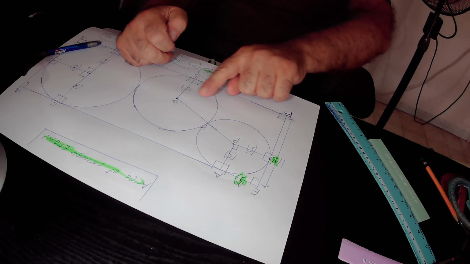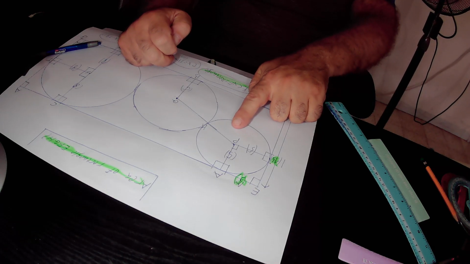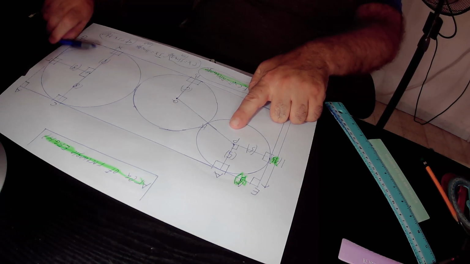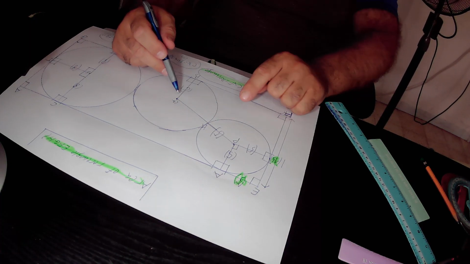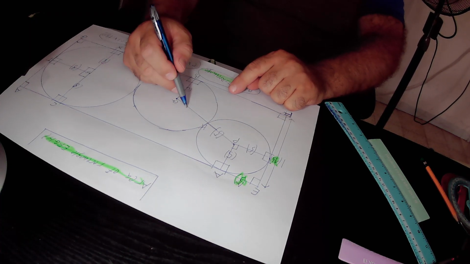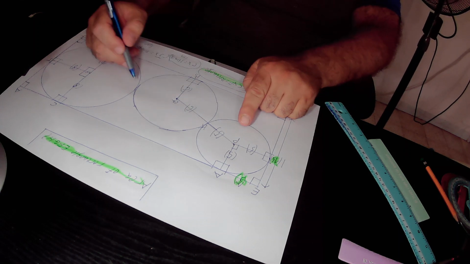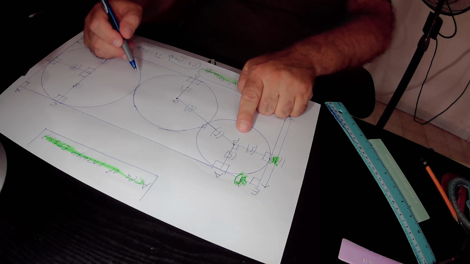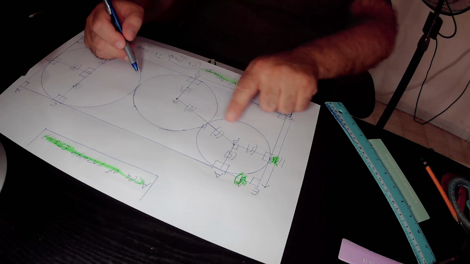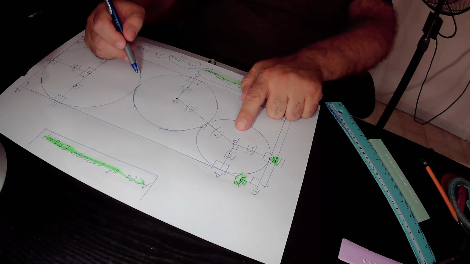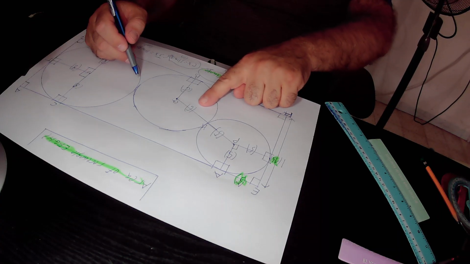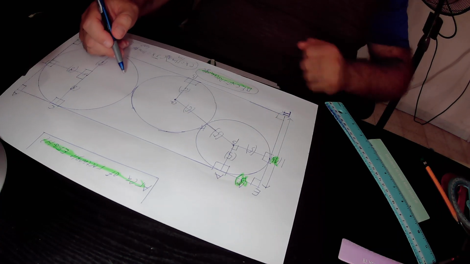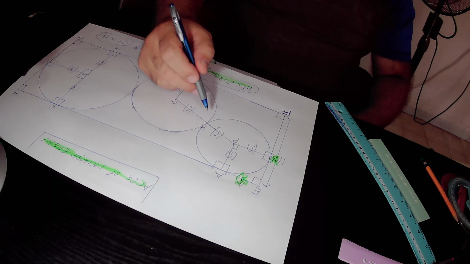PK is the radius of this small circle, that is 5. QK is the radius of this medium circle, that is 6. And because PKQ is one straight line according to rule 10, therefore PQ must be equal to 5 plus 6, that is 11. So in total, PQ equals 11 units in its length.